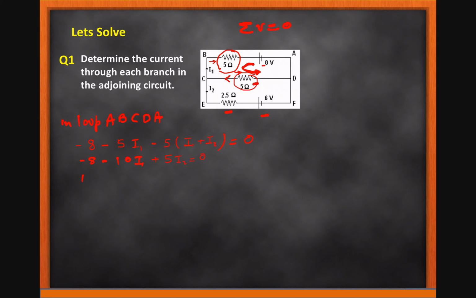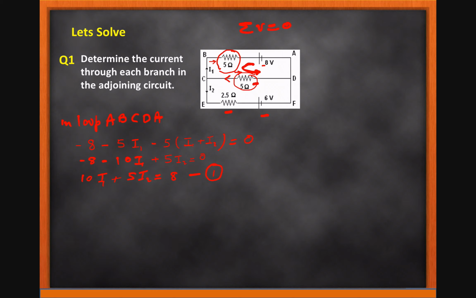So 10 I1 plus 5 I2 is equal to 8. This is equation 1. We need one more equation for solving these two, I1 and I2.